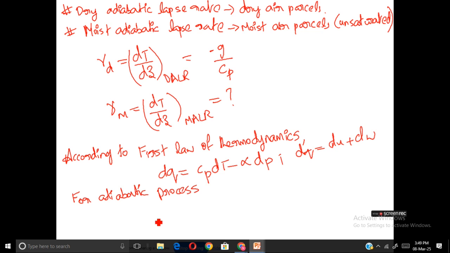So for an adiabatic process, dq is equal to 0, or we can write Cp dT is equal to alpha dp. So according to the first law of thermodynamics, dq is equal to Cp dT minus alpha dp. Now if we are considering an adiabatic process, dq can be written as 0. So Cp dT becomes alpha dp.